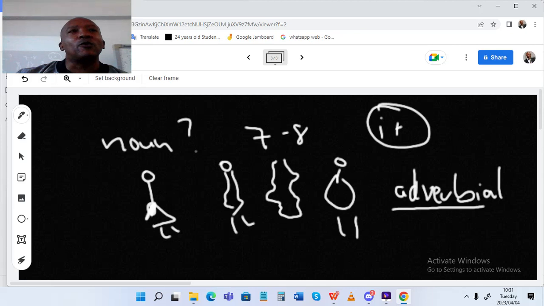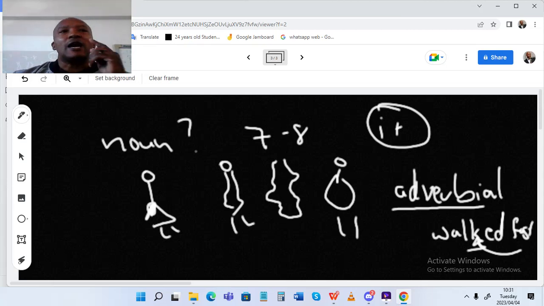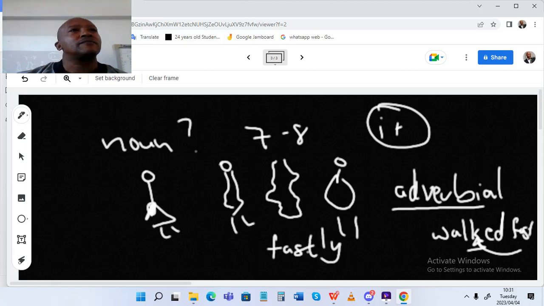So when we say he walked fast, fast is describing the verb. Can you see that? Okay, fine. How do we form adverbial forms? What was the rule? Add ly. So he walked fastly. They will accept that. Hurriedly. No? Okay, let's go back to this question.